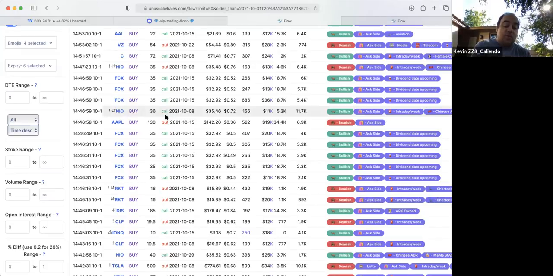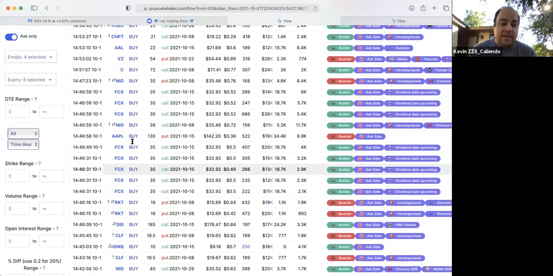but here this order was kind of interesting. FCX got a lot of activity, and I'm looking at the order sizes, pretty big for a stock of that size.